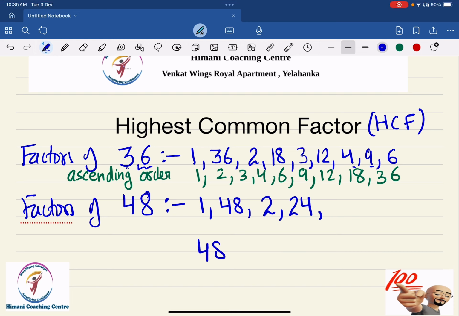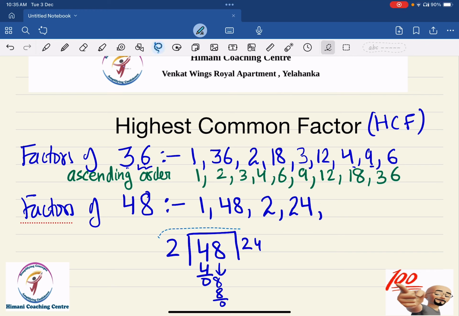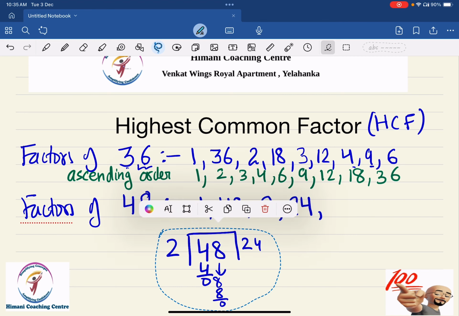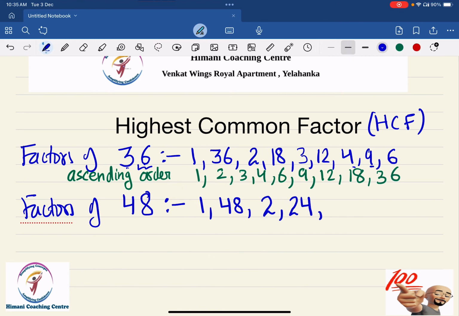How do we get 24? 2 times 2 is 4, then bring 8 down, and 2 fours are 8. That's how we get it. Wherever you need to do the division, you will follow the rules. Now 4 plus 8 is 12, which is a multiple of 3. So it is divisible by 3. You divide and you get 16.